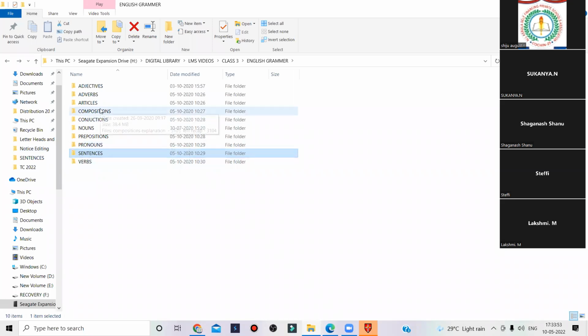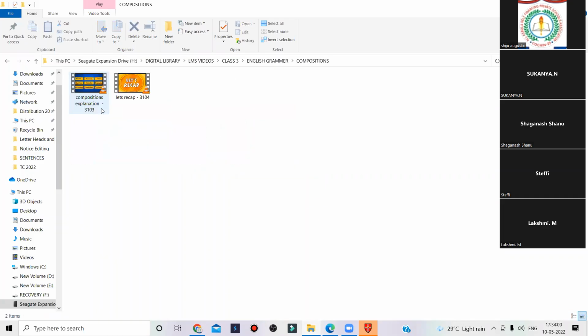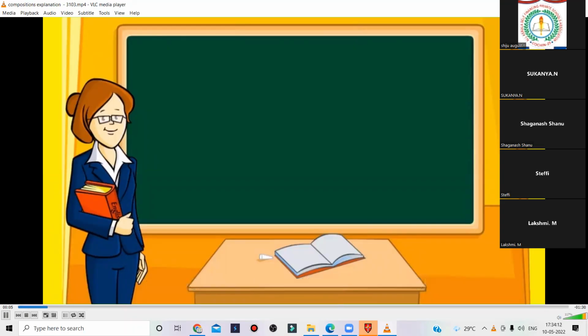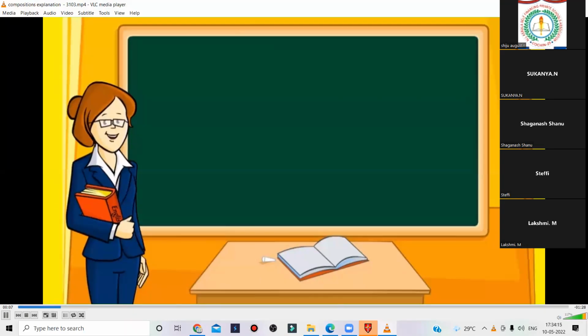But here, now let us see the complete parts of a sentence in the composition. It is needed. But don't worry, you need not study all those things by heart, just for the sake of information. Just watch it clearly. All of us might have studied in high school or primary classes about these compositions.